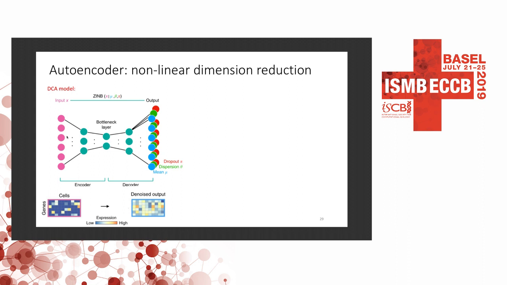That's one type of thing they can do. And this autoencoder is not for classification. It's for denoising. So it's a totally unsupervised method. It's basically doing dimension reduction. So you don't need to have the cell type labels because it's not doing classification. It's doing unsupervised learning, so you don't need that.